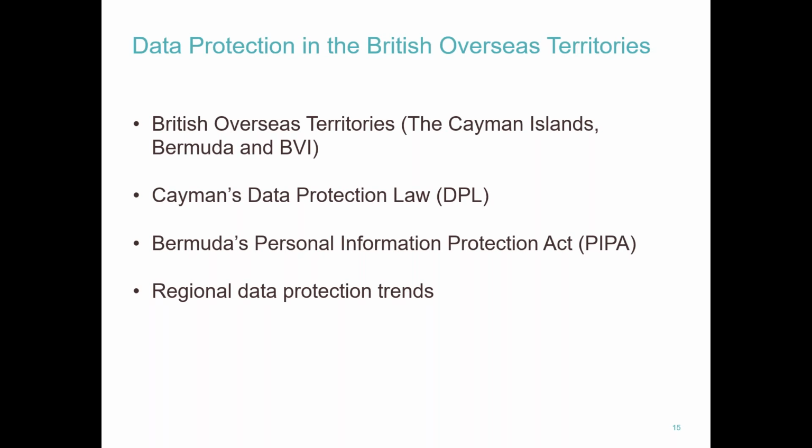And both laws, just by way of summary, adopt, as you'd expect, Western style, well-trodden data protection principles, and they also follow the standard definitions and terminology that one would expect to see for data controllers, processors, the definition of personal data, sensitive personal data, etc. And they both have similar exemptions that you would be familiar with, having seen other Western style data protection laws.